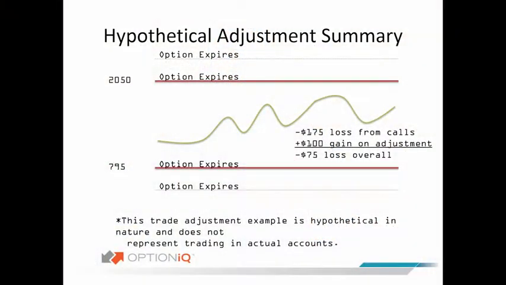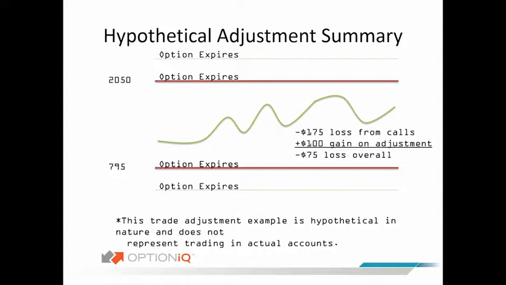That new trade, again hypothetically, ended up working out. And so the $100 that we brought in new profit when we sold that 2050 call and bought the call option above it ended up offsetting our loss of $175, so that we, as the trader, would only realize on this trade a $75 loss.